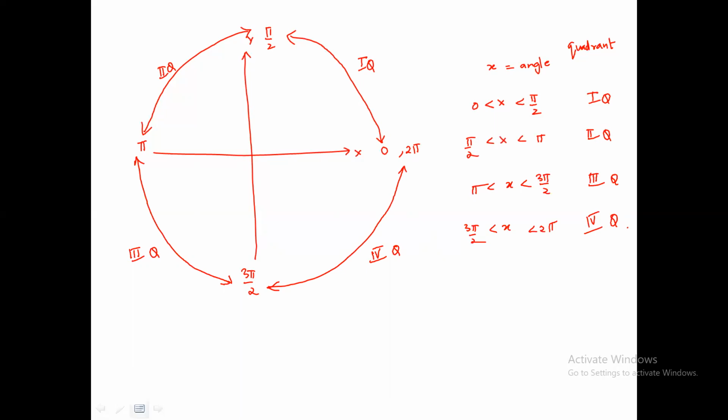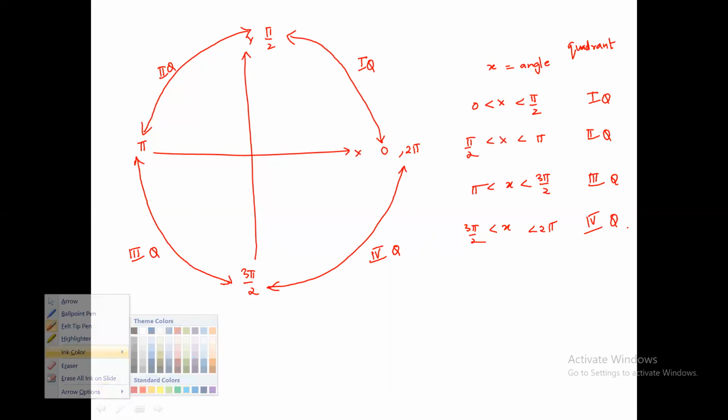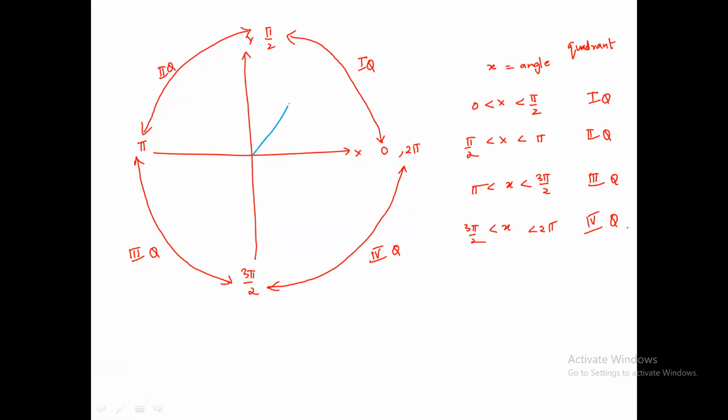Now, when I draw a triangle in the first quadrant, I will take x here. This is A, this is B, and this is 1. A will be positive, B will be positive. You know that sin x is B by 1, so sin x is positive. Cos x is A by 1, A is positive.